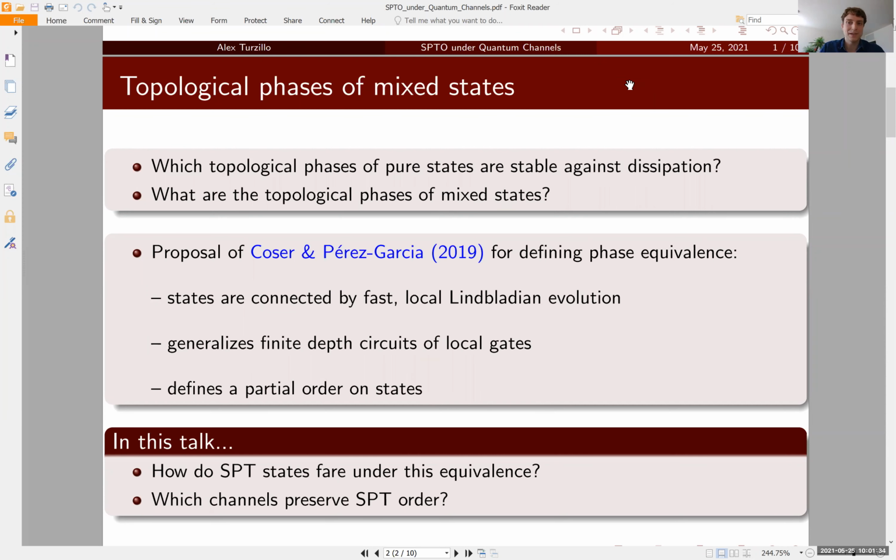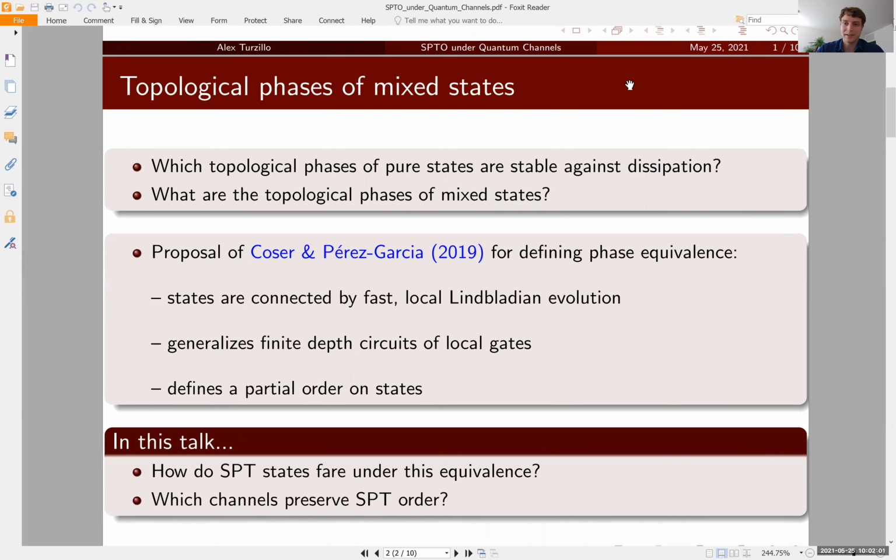Some work has been done on this previously. In this introduction, I want to focus on a particular paper by Coser and Perez Garcia from 2019. They set out to define a candidate phase equivalence relation that captures physically desirable properties, like the fact that observables should be analytic within a phase, but suffer discontinuities across phase transitions.